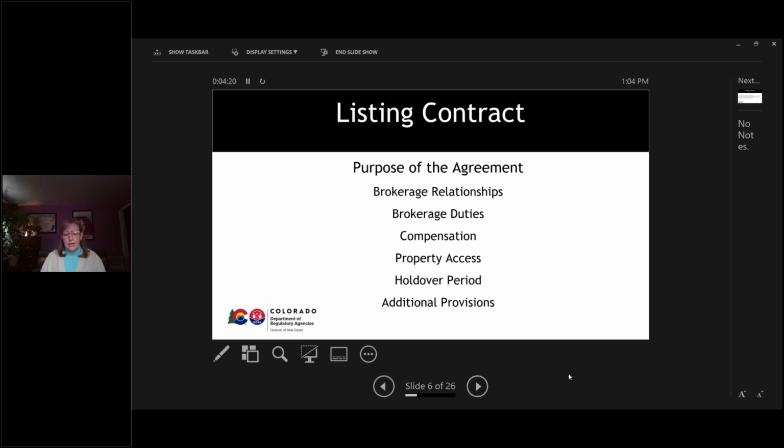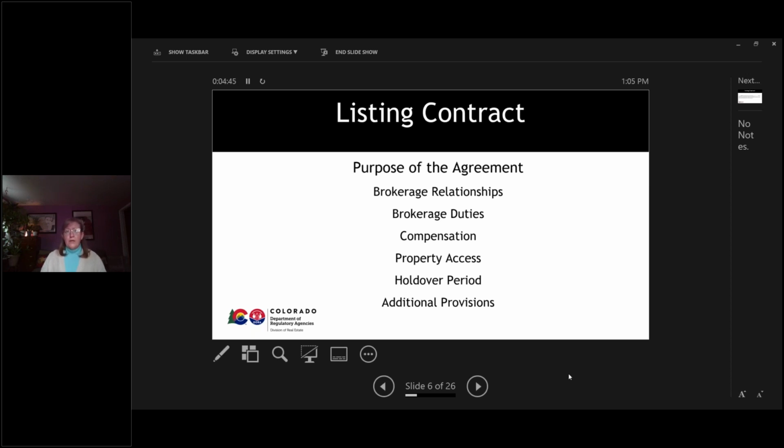And these listing contracts are essentially binding contracts that the consumer is basically engaging the real estate broker to perform licensed real estate duties. And kind of a high-level definition of a licensed real estate duty is basically when the real estate broker is bringing 2 parties together and they're negotiating the terms of a real estate transaction.